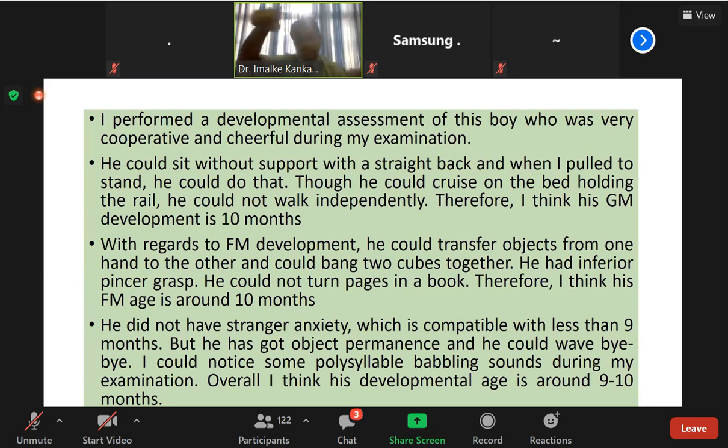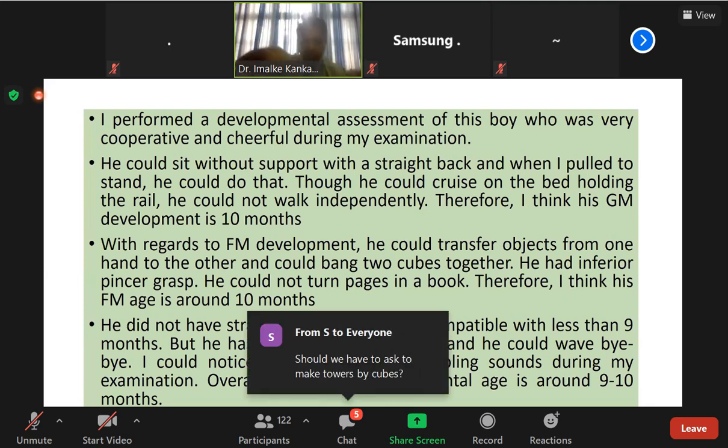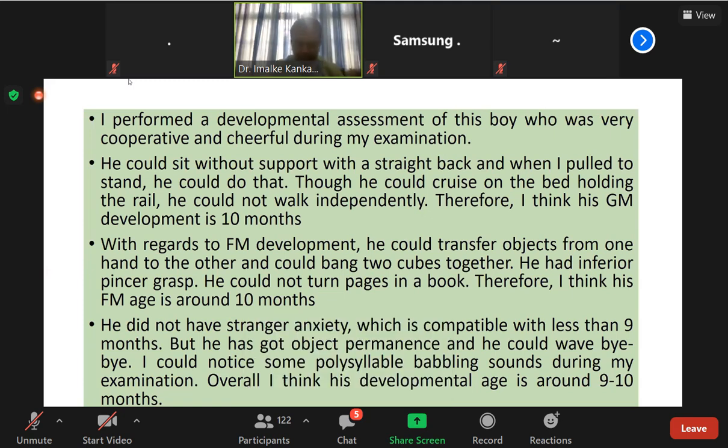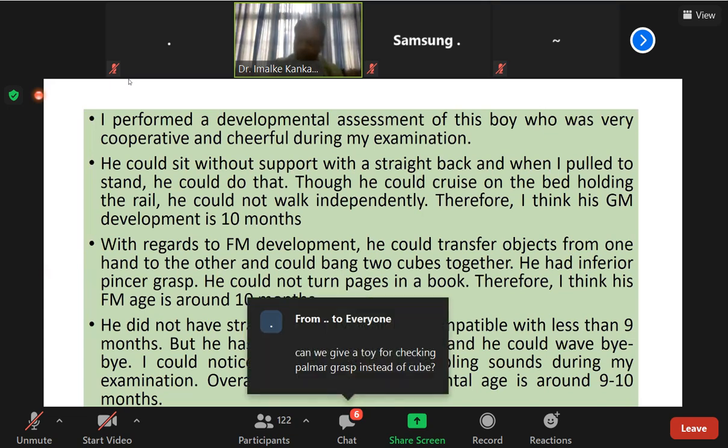So if the child can walk independently on the bed, the next task will be to assess whether the child could run, but you're not going to do that at the exam. So you can say, okay, it's 12 months plus. So you will be marked mainly on the way you conduct the assessment, plus the way you present.